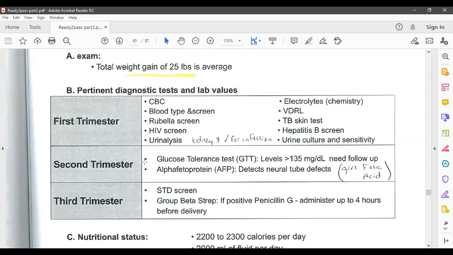Like in the first trimester, we ask the mother to do a complete blood count, called CBC, blood type and screening, rubella screen, HIV, urine microscopic examination, right? As an example, we have to do the complete blood count to check the RBC count. If the mother has fewer RBCs, we can find out anemia.